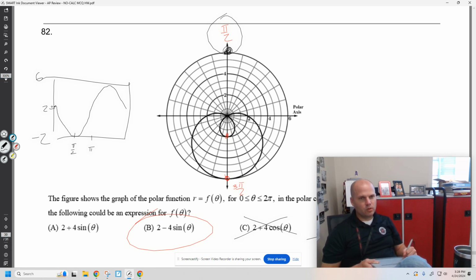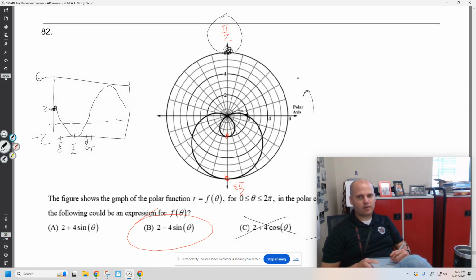Bam. You can see you have 0. You can see you have 2. When does sine equal a half? When will this equal 0? Is that the pi over 6s? Five pi over 6. That'll be the zeros. 0 to pi over 6, positive radiuses starting at 2, getting closer to 0.